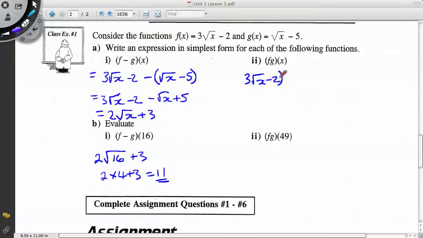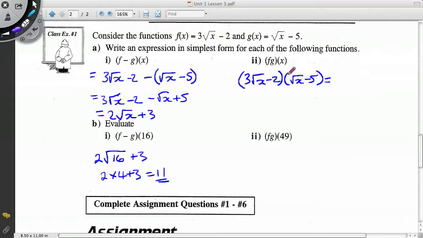That's f. That's got to multiply g, which is root x minus 5. Now here both actually contain root x. So when we do this, we're going to have to FOIL out as per usual, but it's probably going to take a little bit longer to simplify it.